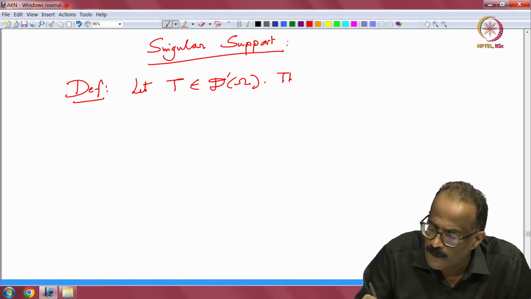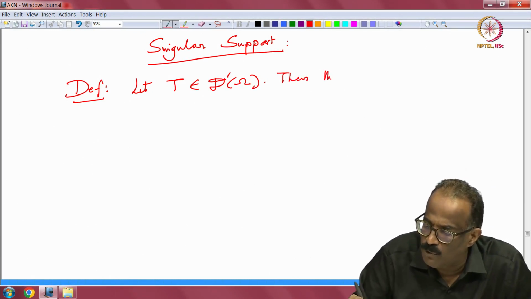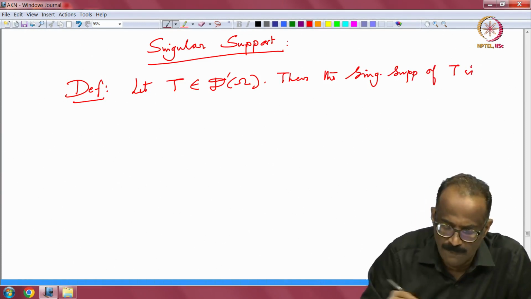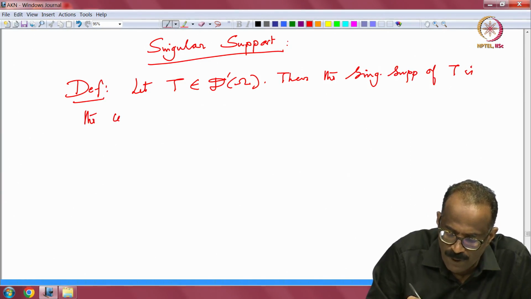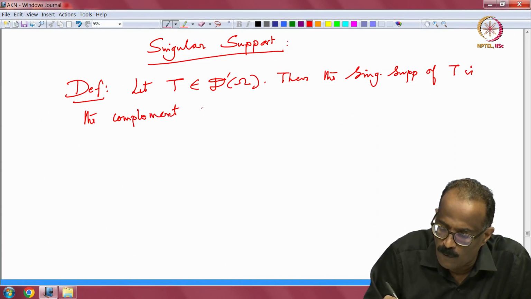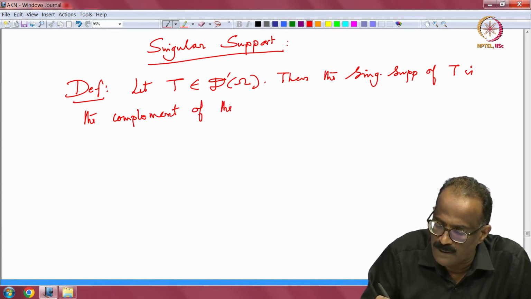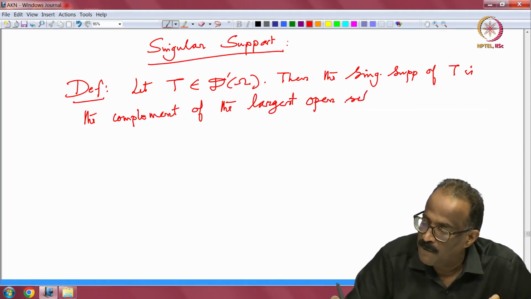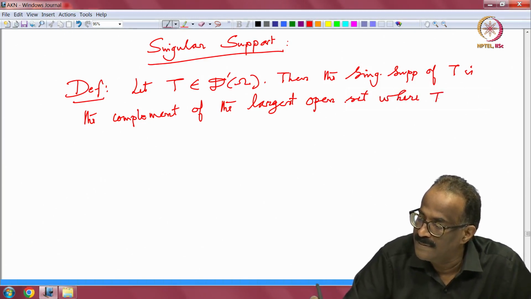Then the singular support of T is the complement of the largest open set where T is C infinity.